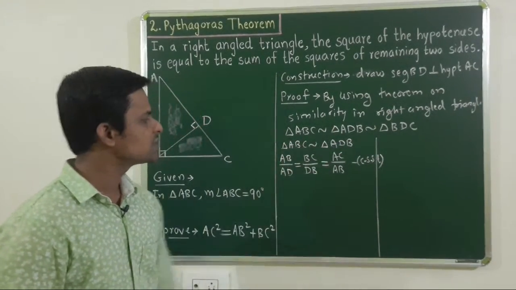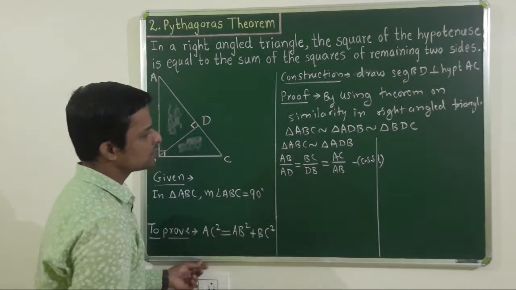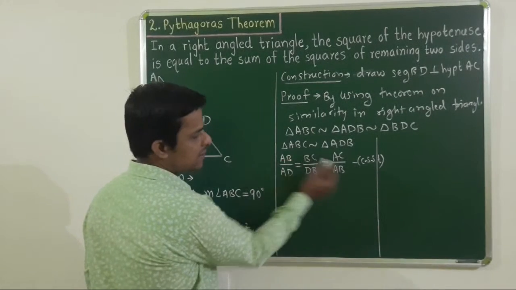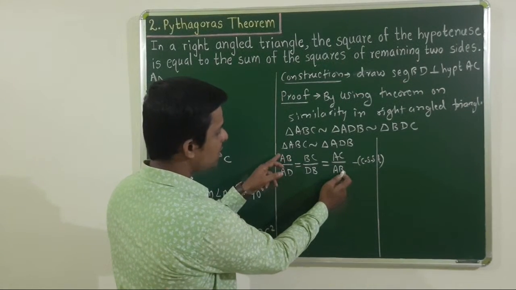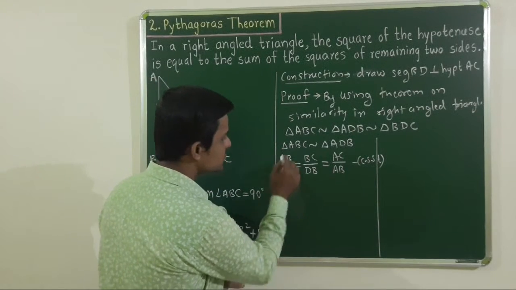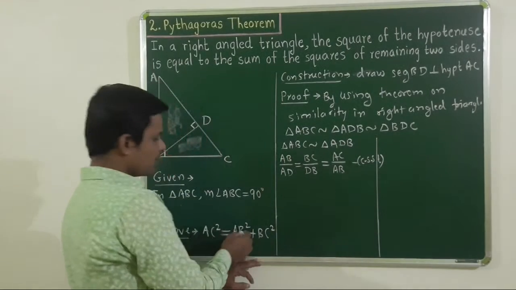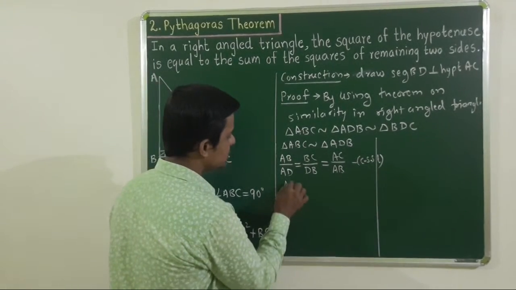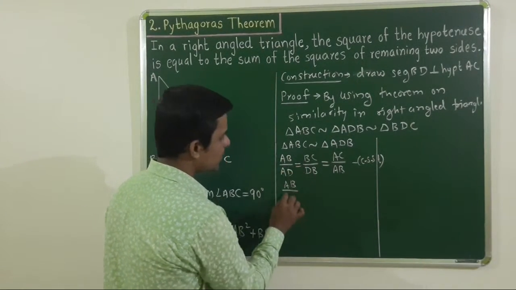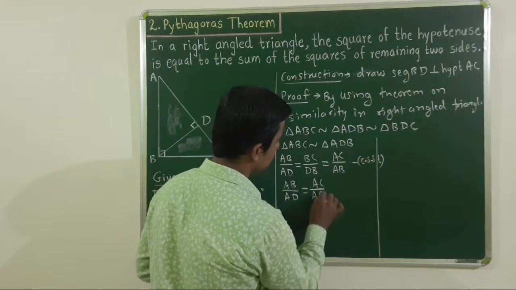Now out of these three ratios, we will choose only two ratios in which one side is common, that is AB is here and AB is here also. So I am going to write the first and third ratios again. Since both ratios have AB as common and we want AB square, writing these two ratios again: AB upon AD is equal to AC upon AB.